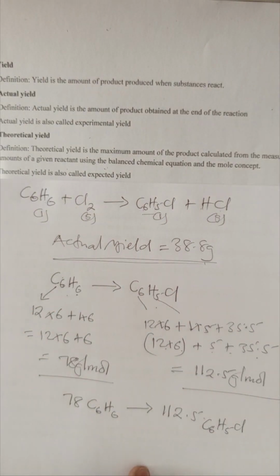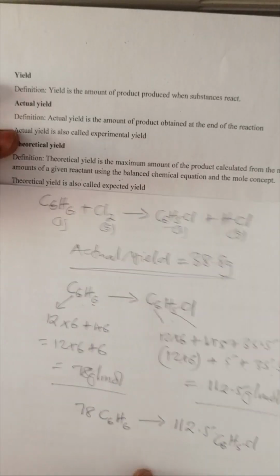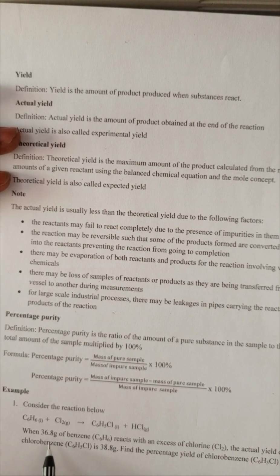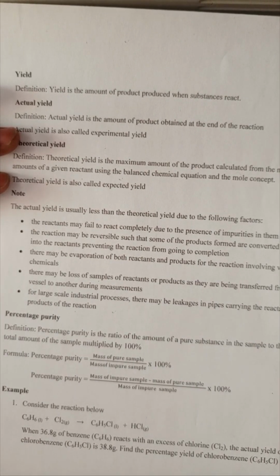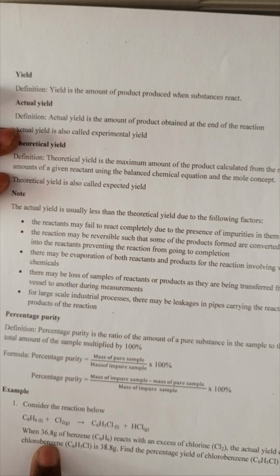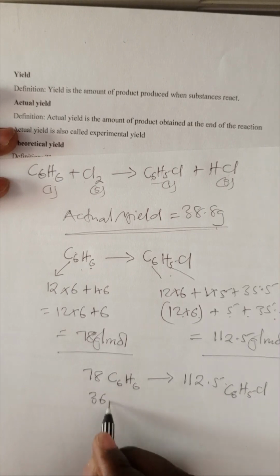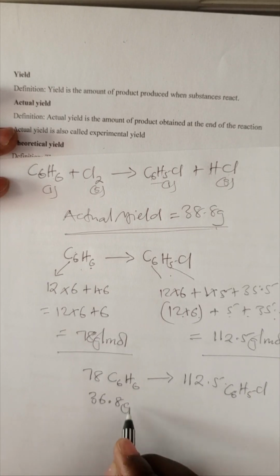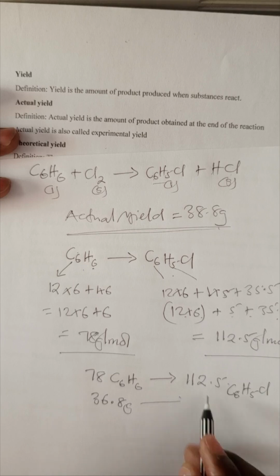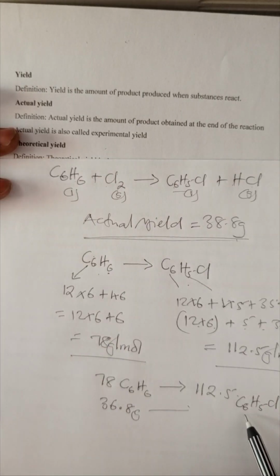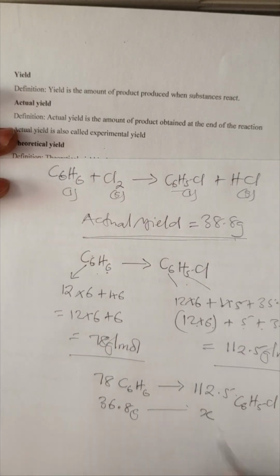So now you go back to the question. The question here is saying that when 36.8 grams of benzene, so you're given 36.8 grams of benzene. So that is going to be put here. And are we given the mass of chlorobenzene? We are not given, so we're going to put X like this.